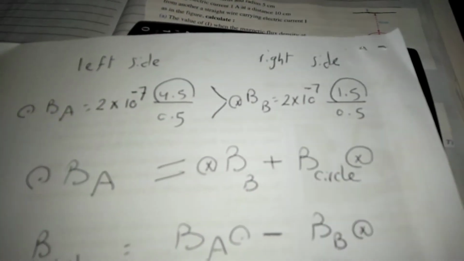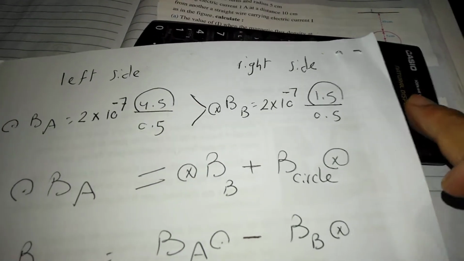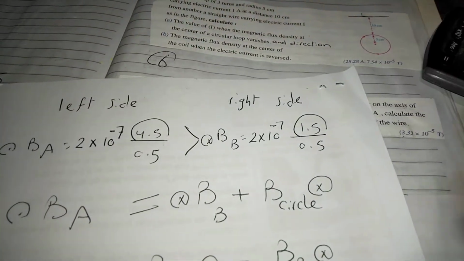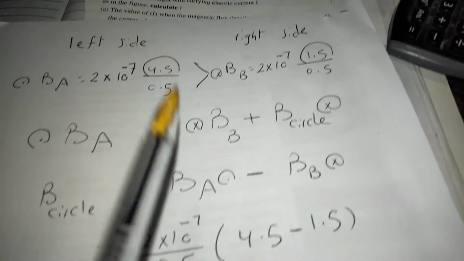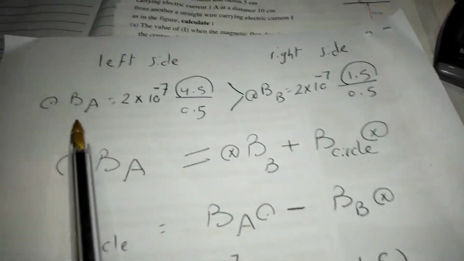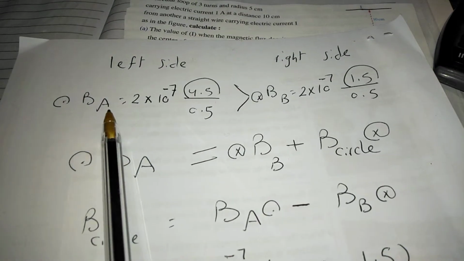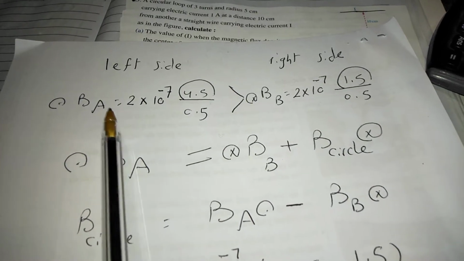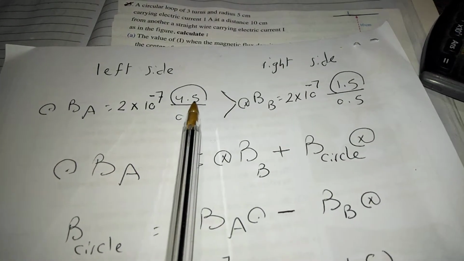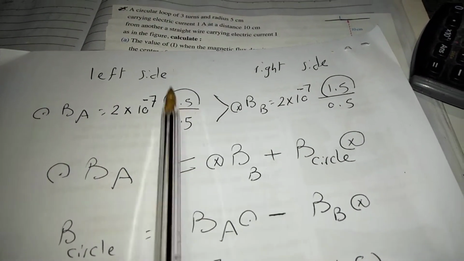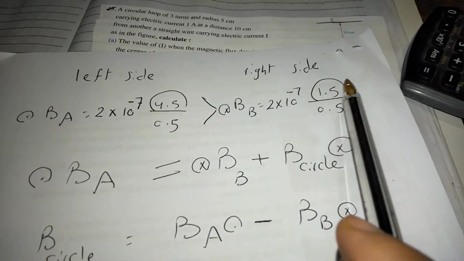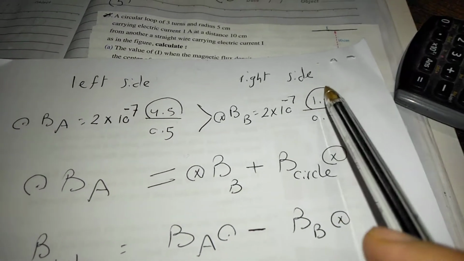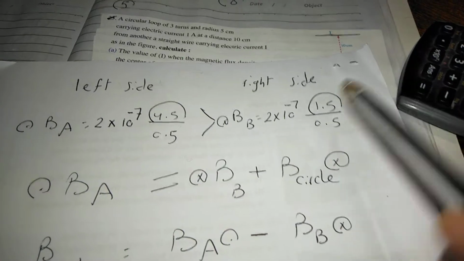Analyzing the problem, we have here left side and right side, and if we compare the field of A, we notice that its value has 4.5 ampere, while the wire B has 1.5 ampere.